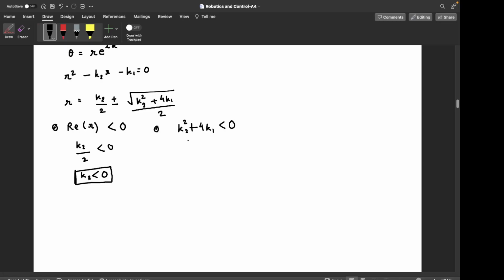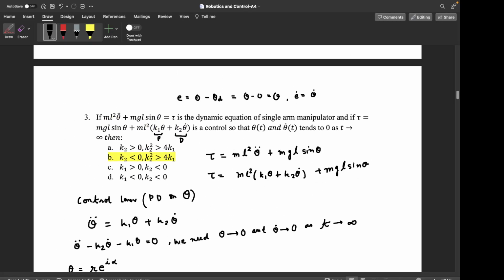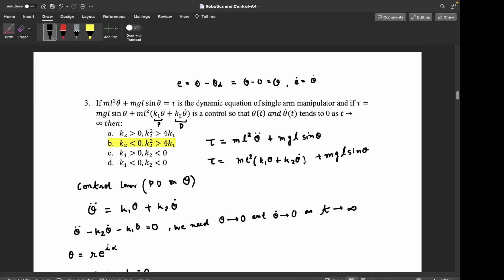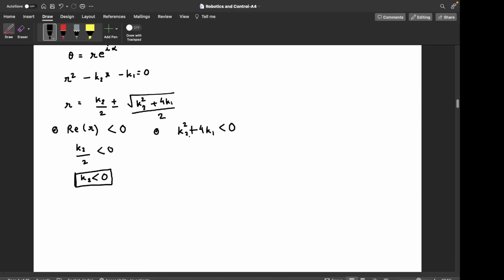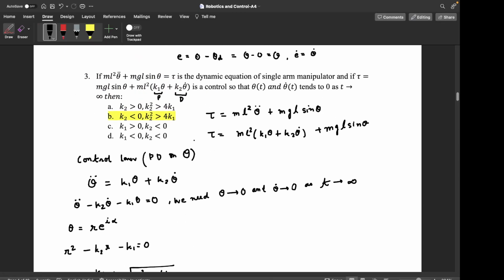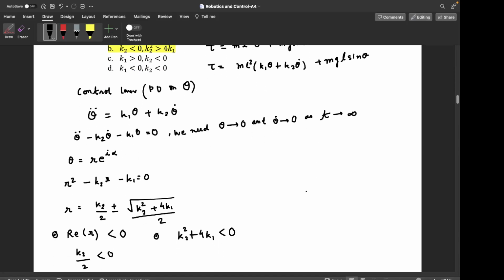So basically this condition and the second condition that is given here are not the same, but I think that even if k2 square is greater than 4k1, then also this can hold basically. So again I would say that you might need to check this one on your part also.